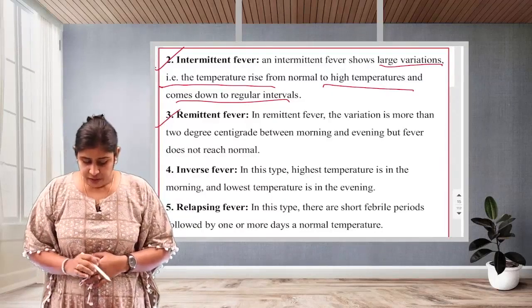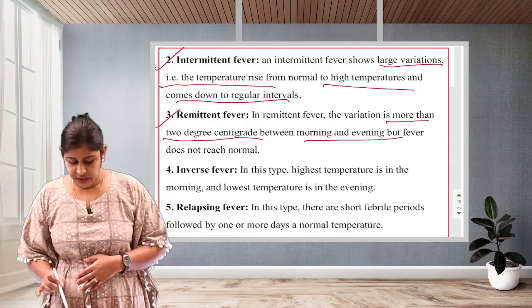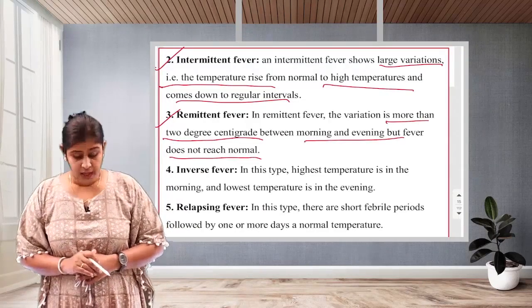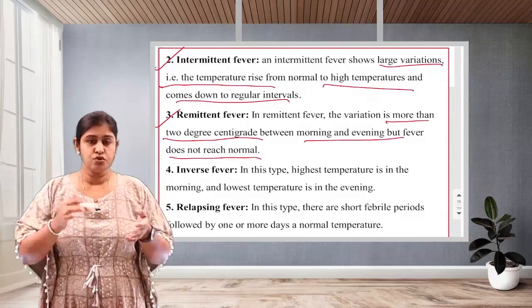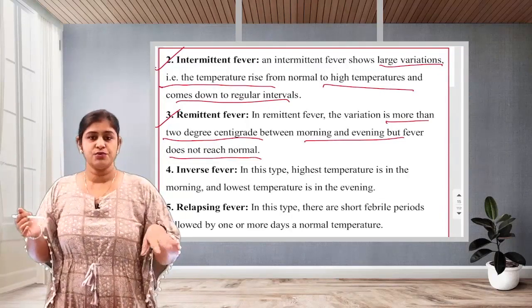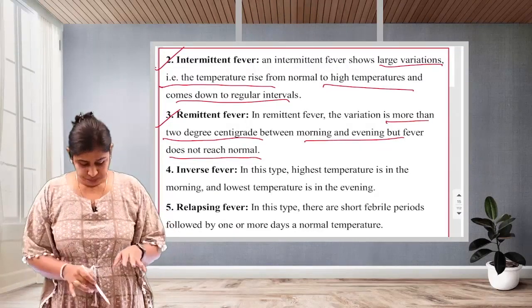Third is remittent fever. In remittent fever, the variation is more than 2 degrees centigrade between morning and evening, but the fever does not reach normal level.